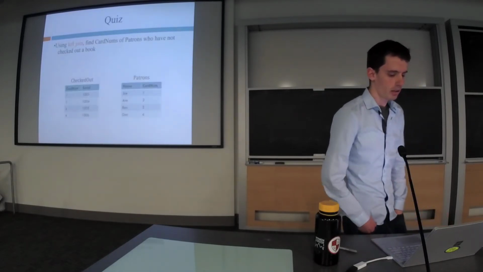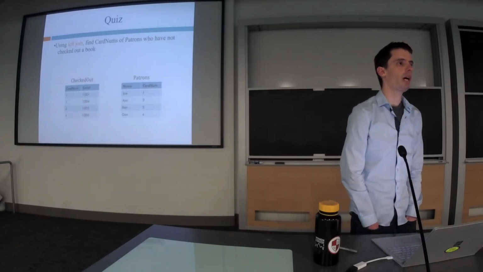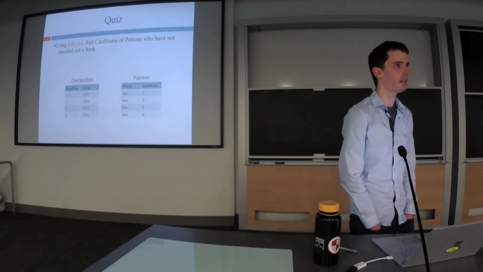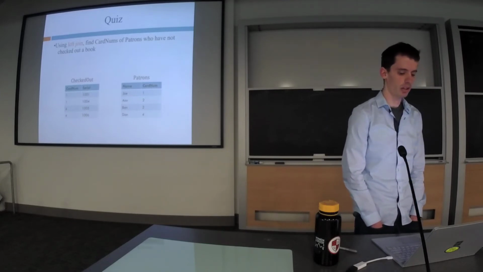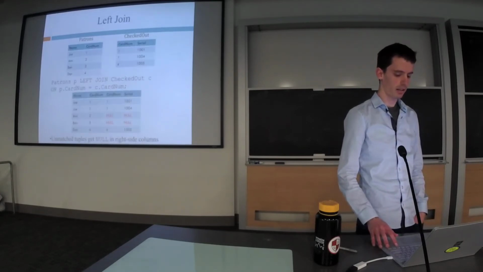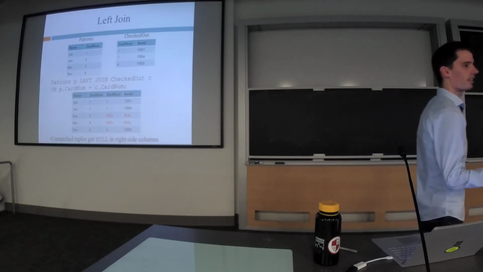Okay, so quiz for you. We've seen a way to find patrons who have not checked out a book using not in. Let's do it just using a left join. Let me go back and look at these three tables for a second.